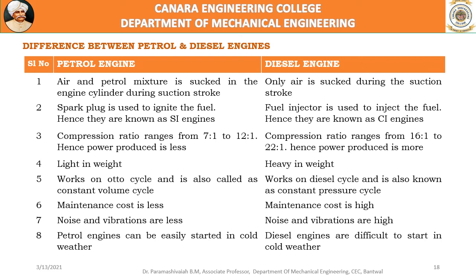Point number three, the compression ratio ranges from 7 is to 1 to 12 is to 1, hence power produced is less. What is compression ratio? It is the ratio of clearance volume to the total volume of the cylinder. What is clearance volume? It is the volume occupied above the piston when the piston is at TDC.